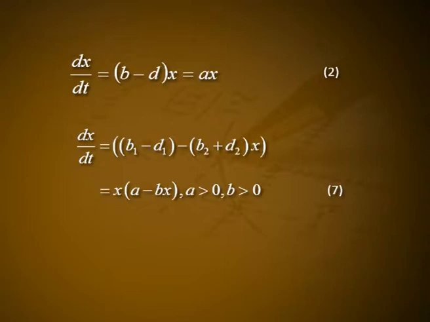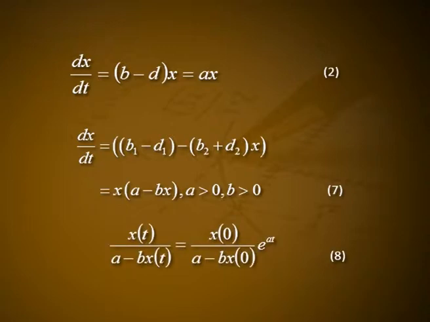Integrating the above equation, we get x(t)/(a - b x(t)) = x(0)/(a - b x(0)) e^(at). Equations 7 and 8 show that x(0) < a/b implies x(t) < a/b, which implies dx/dt > 0.